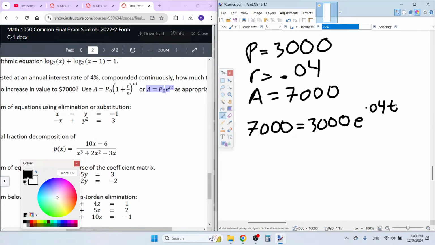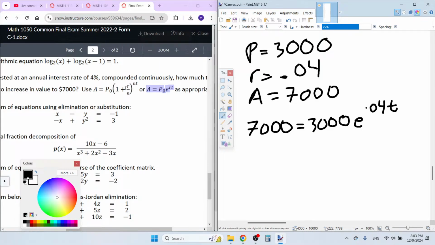Now, in this class, you can reasonably be expected to solve for A, for P, or for T. It's even possible to solve for R, but that is a rarer thing, especially because you can only solve for R if the n times the t is a low enough value that you can use your rational roots theorem in a reasonable amount of time.